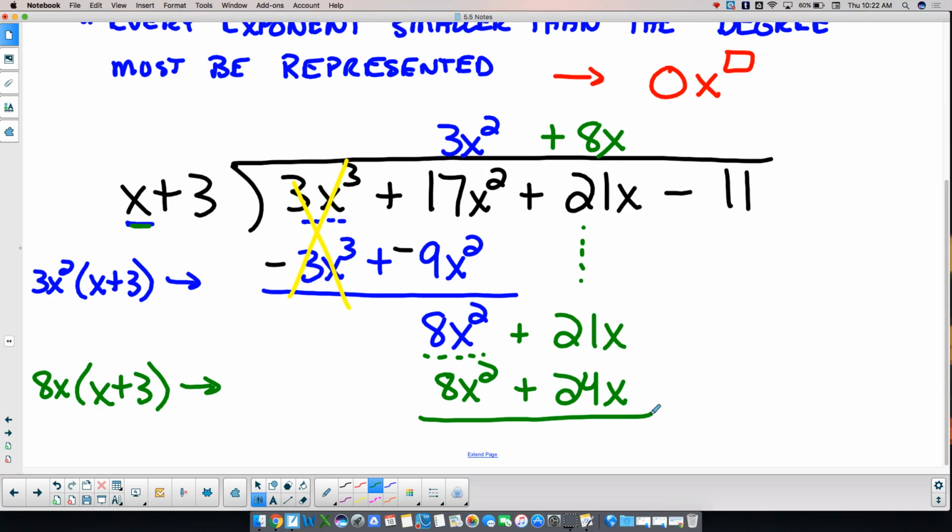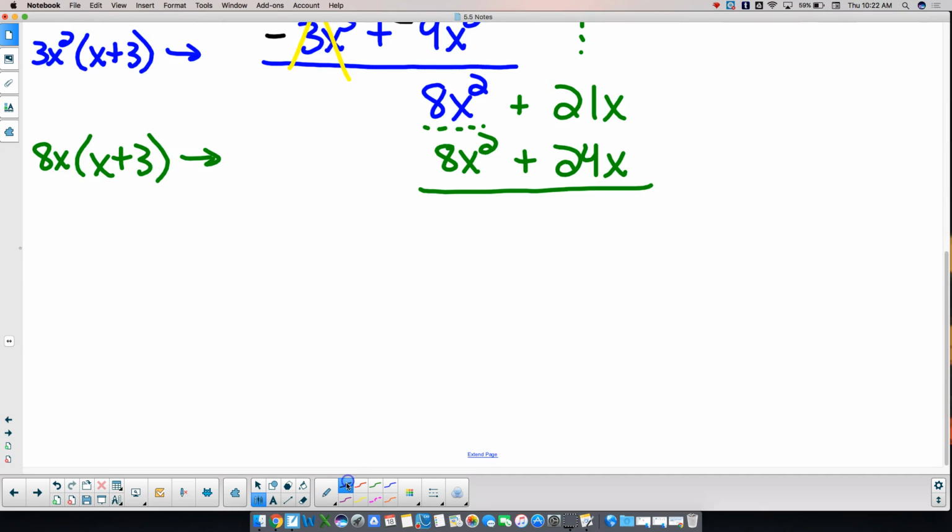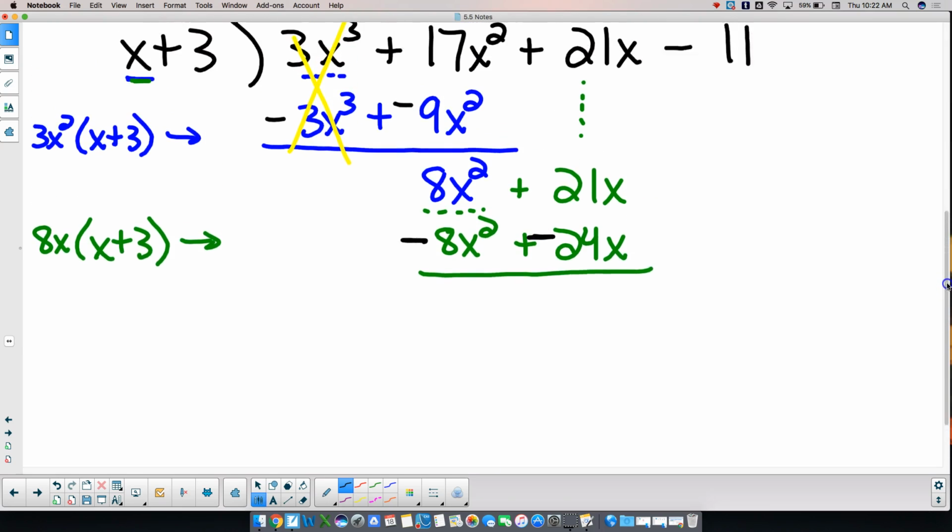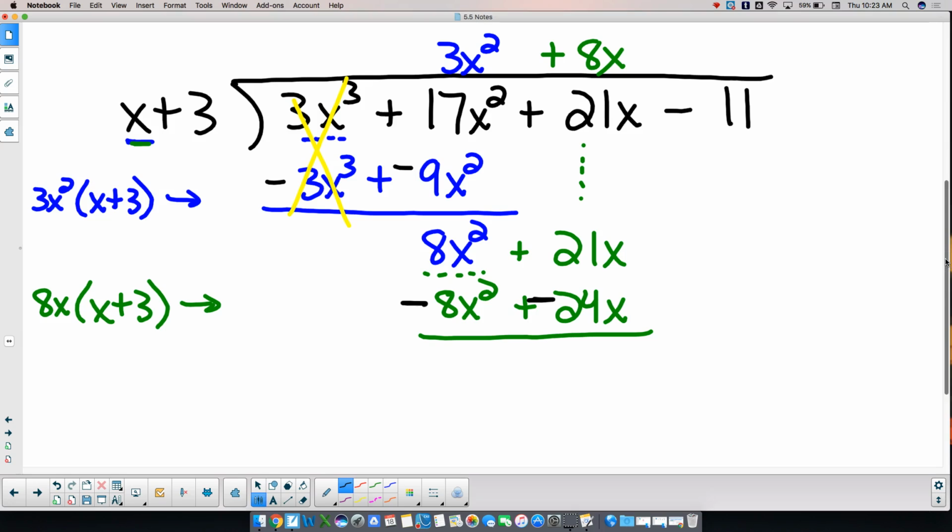So I write underneath 8x squared plus 24x. I need to subtract those, so I need to switch both of those signs. 8x squared minus x squared makes that one go away.